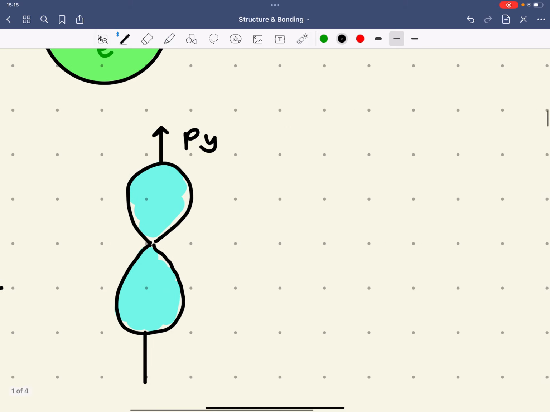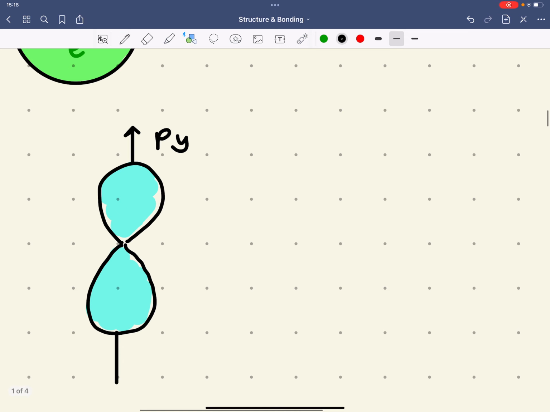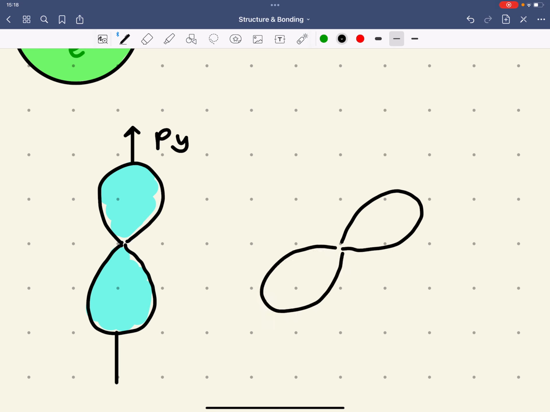And then we've got our pz electrons. And that lies along the z-axis. So that's kind of coming out in front of you and behind you. We'll call that pz.